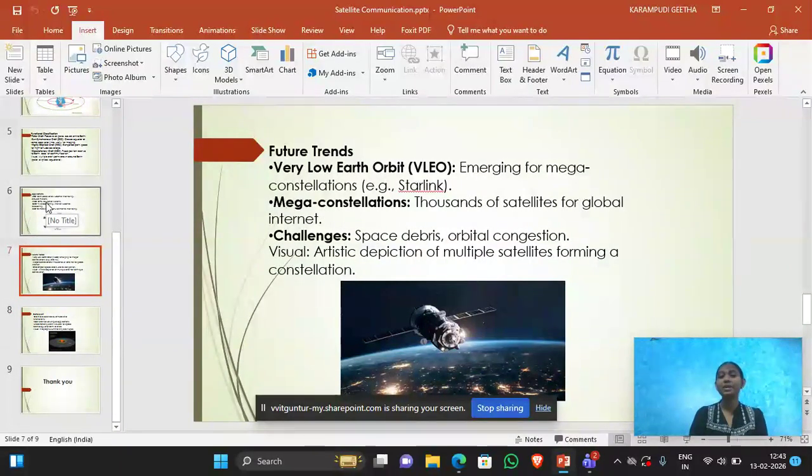Overall, the main theme of this topic is how many orbits there are, how orbits work, and how satellites are placed. When satellites are not working, the Earth station gives commands to our satellites. People give the commands and the satellite works, so that we get our signals and coverage.